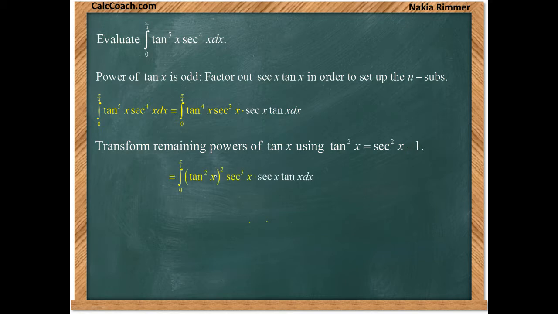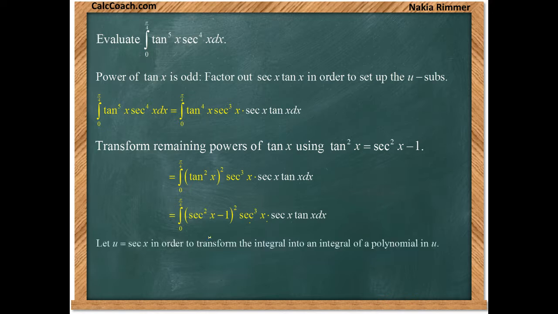We have tan squared, squared. We replace the tan squared with secant squared minus 1, and we're ready to set up our U substitution. If we let U equal secant x, then this will be some polynomial in U times U cubed, and then the derivative is conveniently here.